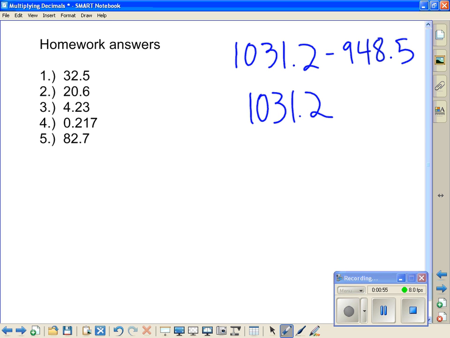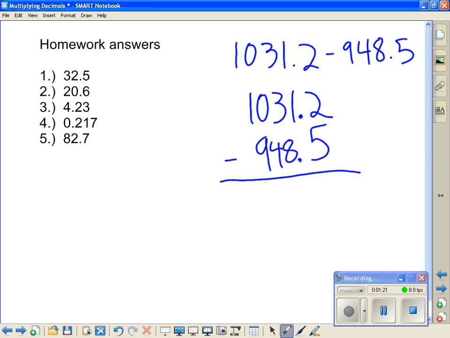Awesome. Put the decimal right underneath the other decimal that's on top. So line up the decimals right away before you even write the number. That way you know you have it in the right place. Our number is 948.5, so I know there's 5 after the decimal and 948 before.